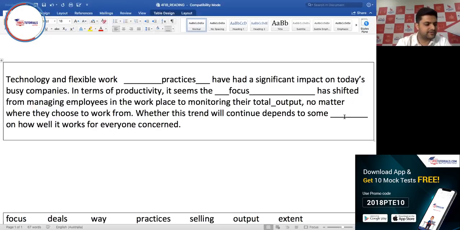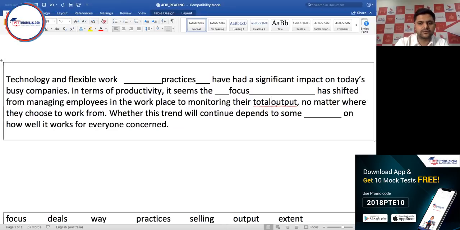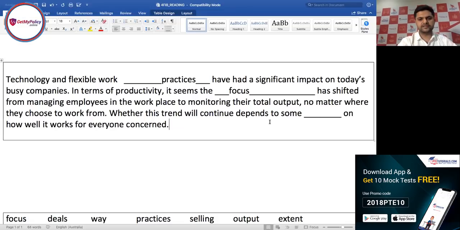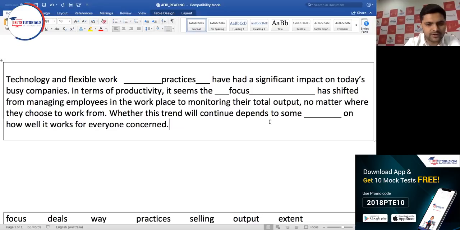And now we have the last blank, which is whether this trend will continue depends to some dash on how well it works for everyone concerned.